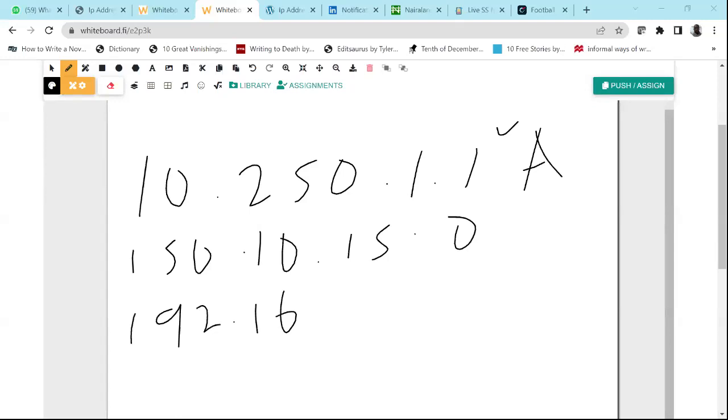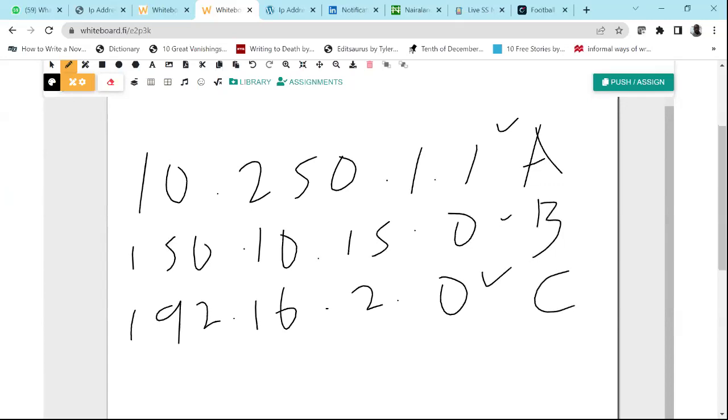The second one is class B. And the third one is class C. Okay, class C. And the second one is class B. 150. Okay.